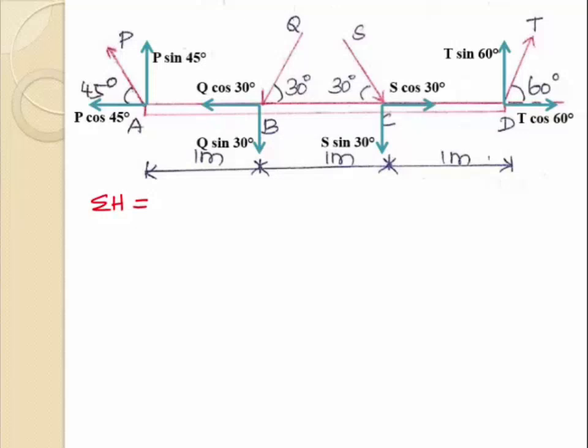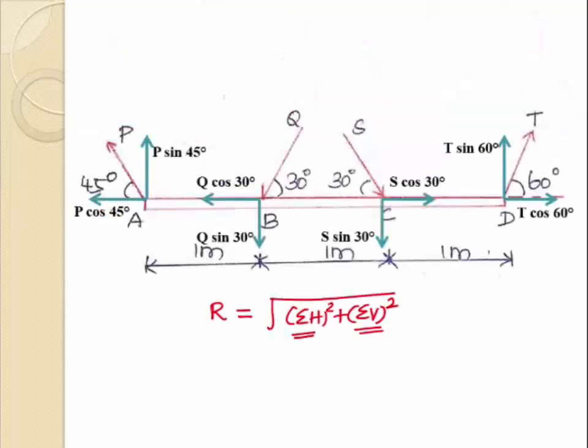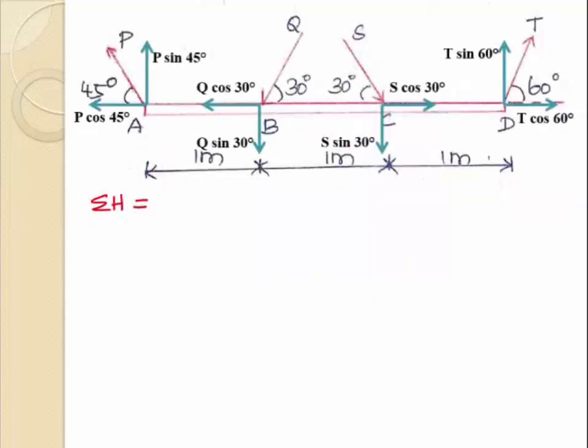Okay. So at point A, minus P cos 45, that is minus 10 cos 45. Next at point B, minus Q cos 30, Q value is 4, so minus 4 cos 30.